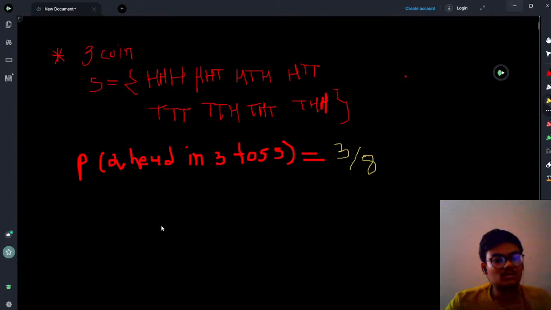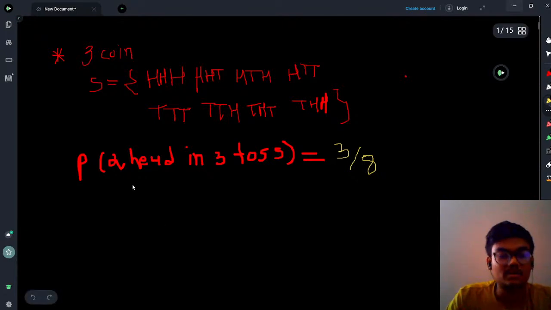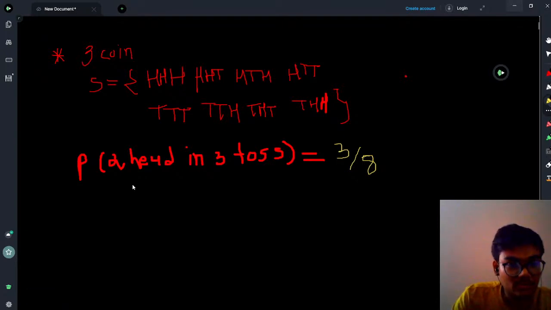For this kind of problem we use the binomial theorem, because in real life we don't have to find small things like two heads in three tosses. We have to deal with the number of outputs for a particular event, like the changing of stock prices or the changing of the weather.